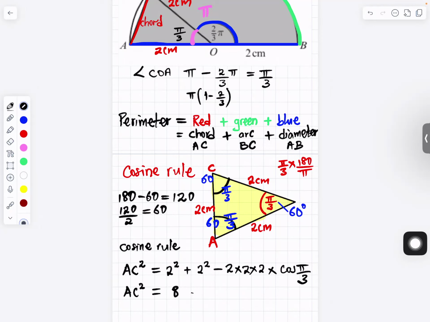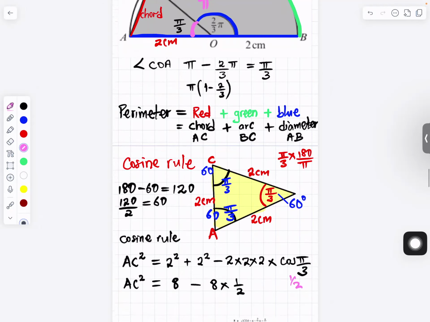That gives you 8 minus 8 times a half, which is 4. And AC is the square root of 4. That gives you 2. So if you use the cosine rule, you get 2. If you deduce it that way, as an equilateral triangle, you get 2.